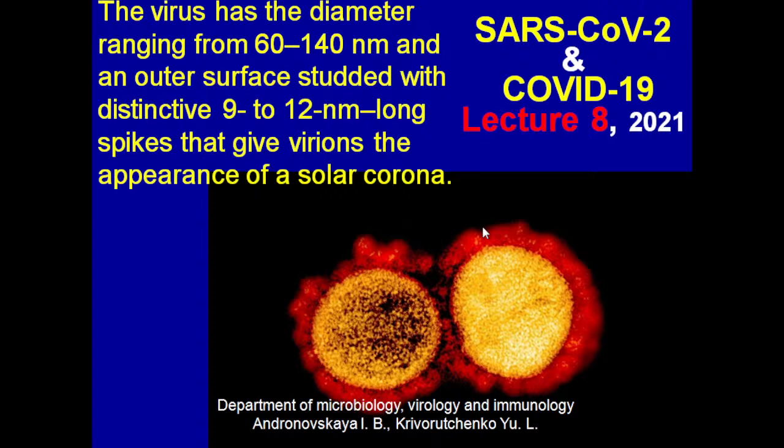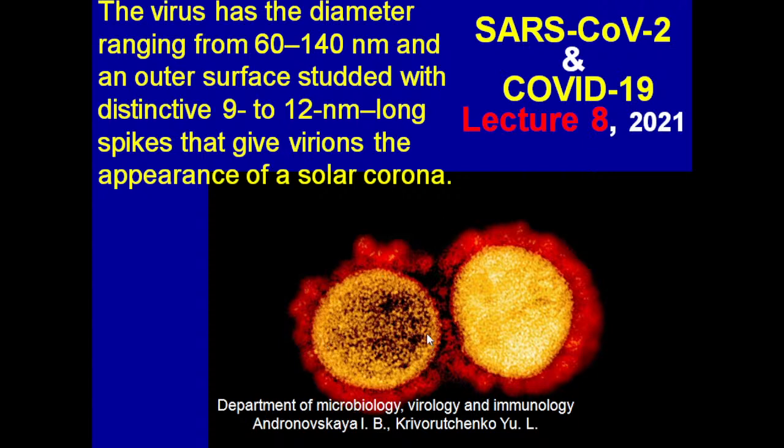You can see the very specific feature of the coronavirus: the outer surface studded with distinctive 9 to 12 nanometer long spikes. You can see them here, those spikes.